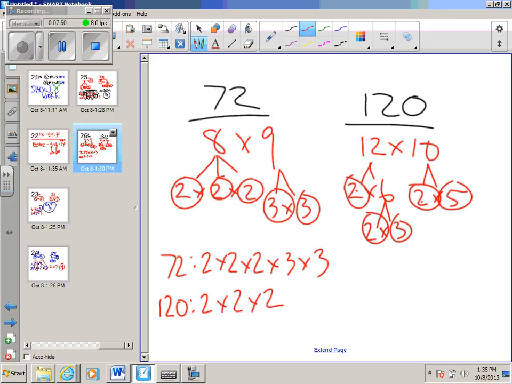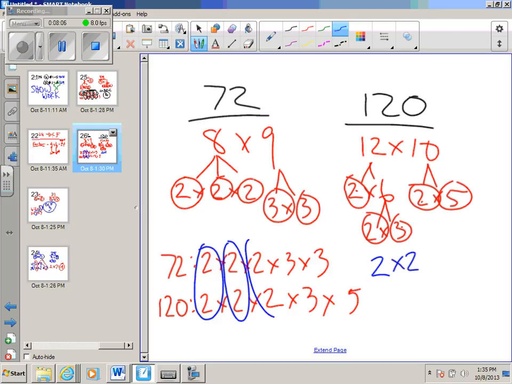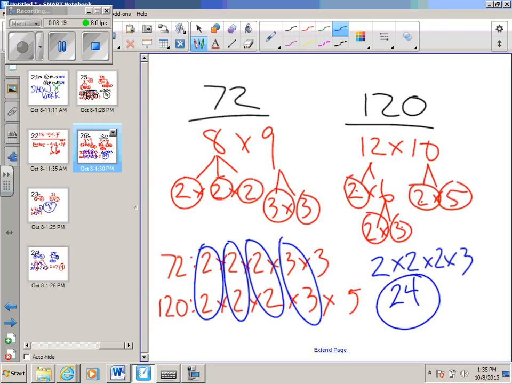How many 3s? And how many 5s? 1. So now, I've got them all listed out. I got a 2. I've got another 2. I've got another 2. And so the three-headed monster, which is 8 times 3, 24.